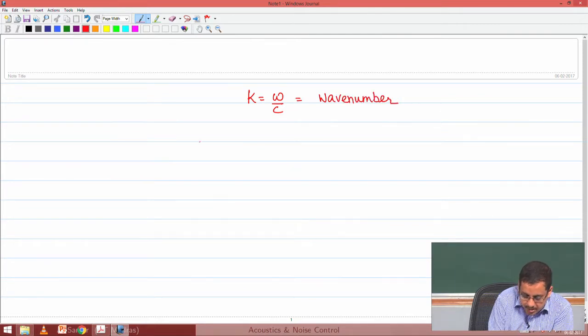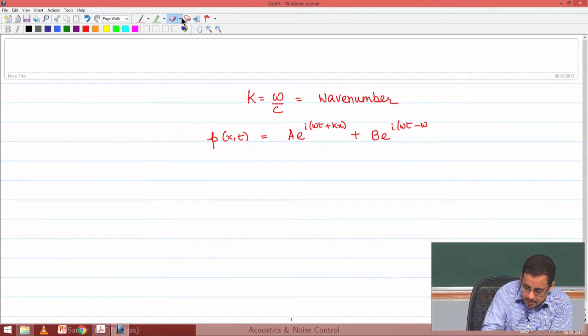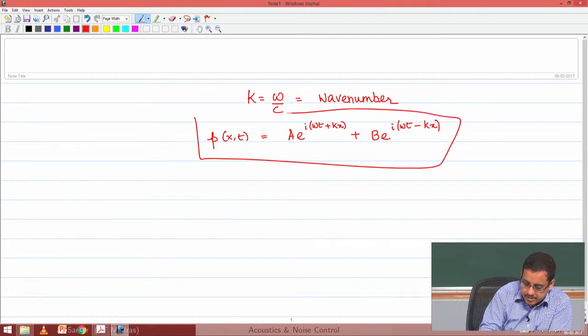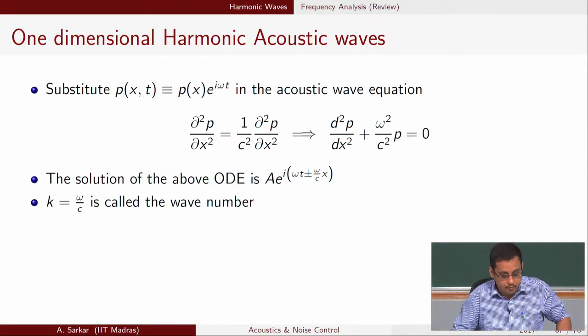And we have p of x comma t to be A e to the power i omega t plus k x plus B e to the power i omega t minus k x. So, this is the form of the solution that we are having, k being called the wave number.